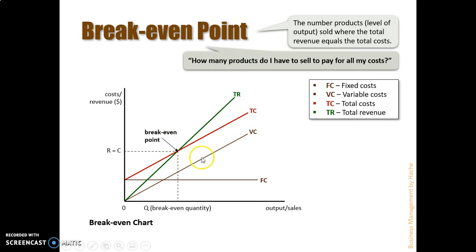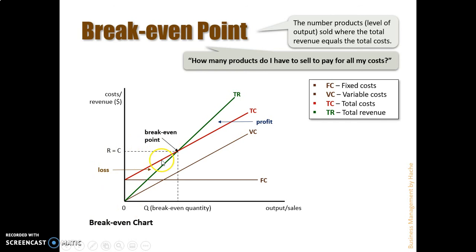Now, this area on top is called the profit area. It is called like this because remember, this is your beginning. This is the least number of products you have to sell to recover your cost, but there is no profit unless you start selling more starting from this point. So all this area, as you keep selling more and getting more revenue, is your profit area. On the other hand, you have the loss area.